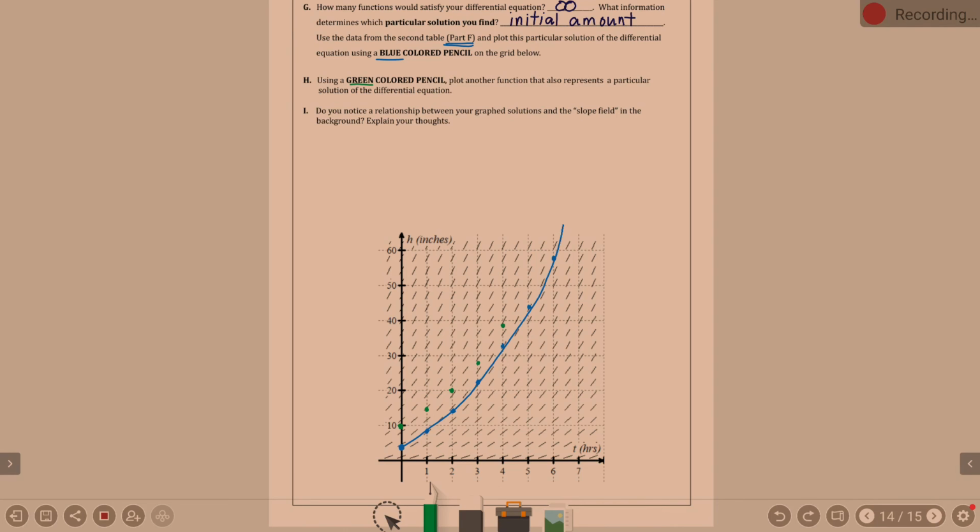At 5, it was 44. So 50. At 6, it was 58. So 64. You see the same curve happening. That's not exactly great, but that's all right.